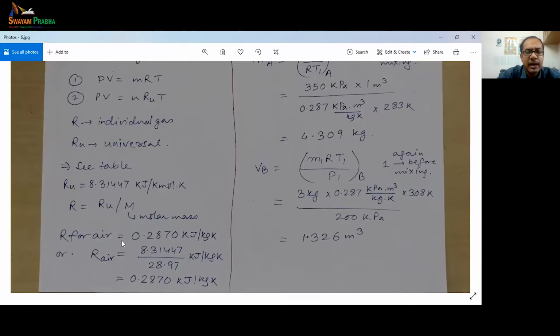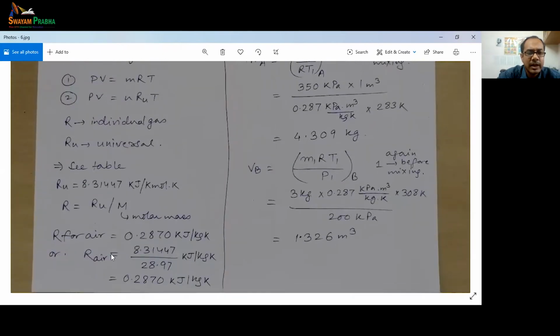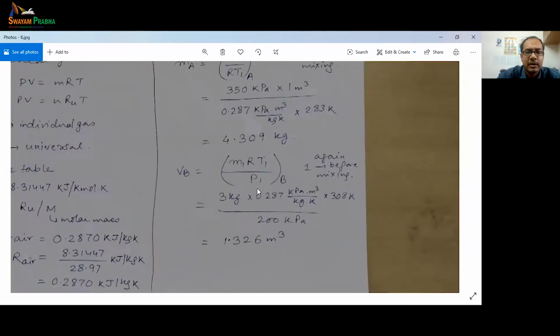So R for air you can look up as 0.2870 kilojoule per kg K, or you can find that out also by dividing Ru by the molar mass, and you will end up at the same number, 0.2870. That is the gas constant for air.